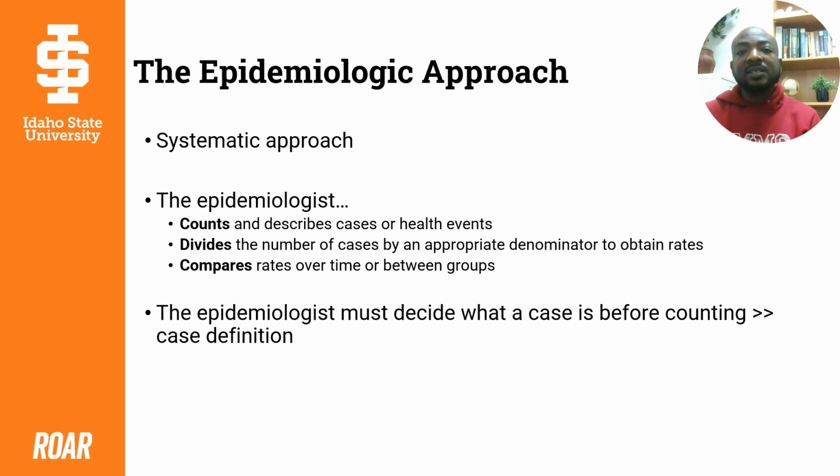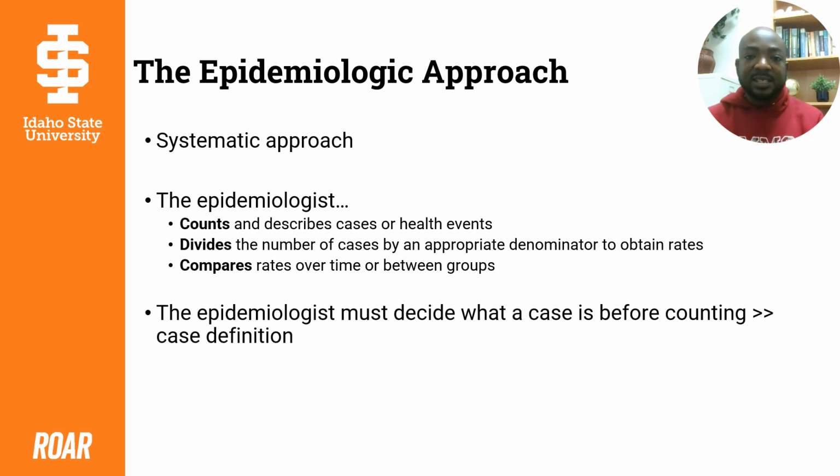As with all scientific endeavors, the practice of epidemiology relies on a systematic approach. In very simple terms, the epidemiologist counts cases or health events and describes them in terms of time, place, and person. He then divides the number of cases by the appropriate denominator to calculate rates, and compares these rates over time or for different groups.